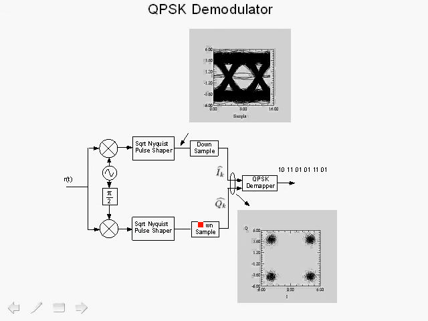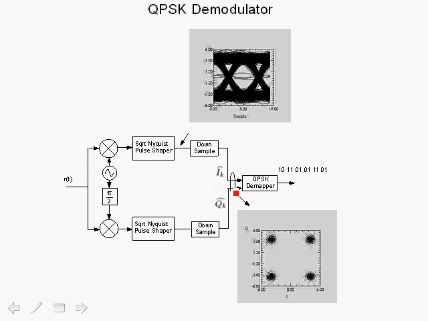The double frequency term is filtered out. The baseband term is also filtered, and because of the matched filtering, we also get an eye diagram, and we sample at the maximum eye opening, which is at this point over here, and we obtain an estimate of the quadrature phase term. We also downsample back to the original symbol rate.